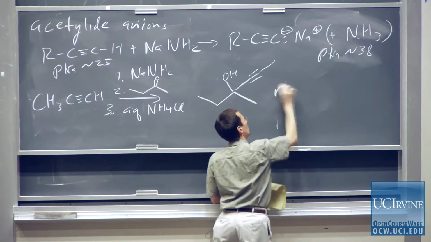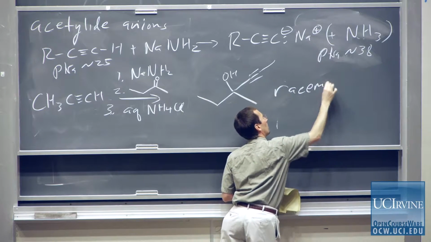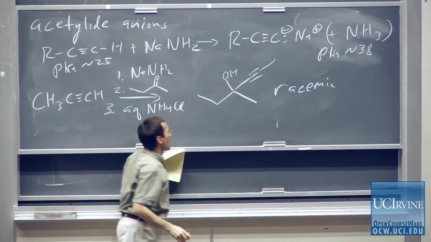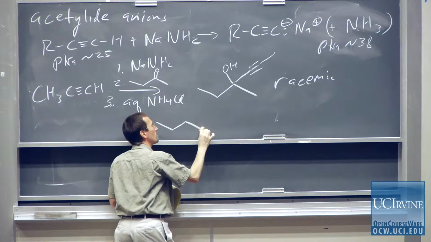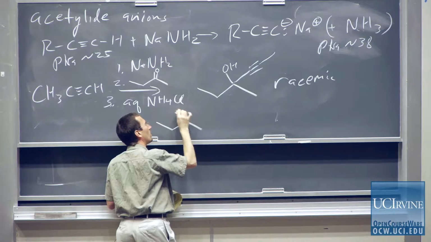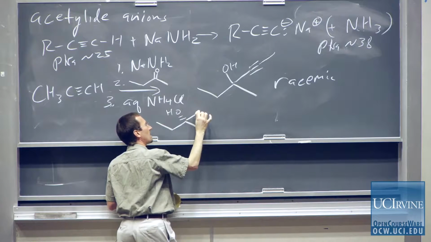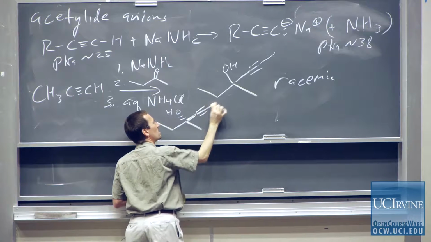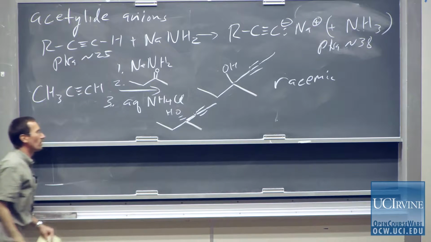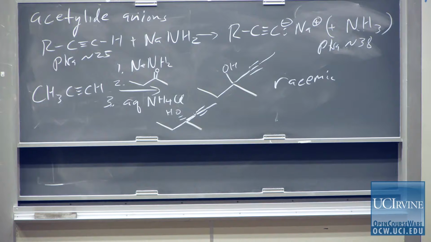This is, of course, racemic. In other words, your textbook points out very nicely that you're going to add your nucleophile from both the front face and the back face of the carbonyl. And so we have one enantiomer in which the OH is pointing back and the alkyne is pointing out.